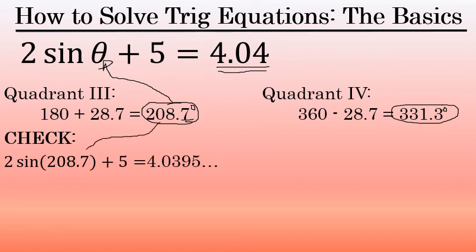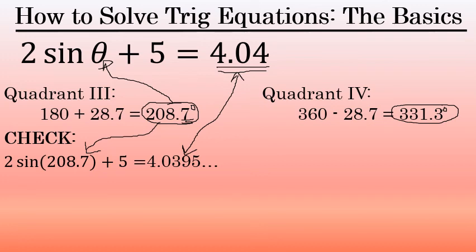Substituting 208.7 into this original equation, 2 times sine of 208.7 plus 5 is 4.0395. Again, it's not exactly 4.04, but it's close enough. Since we rounded off to the nearest tenth, we can be confident that 208.7 is correct as one of our two solutions.